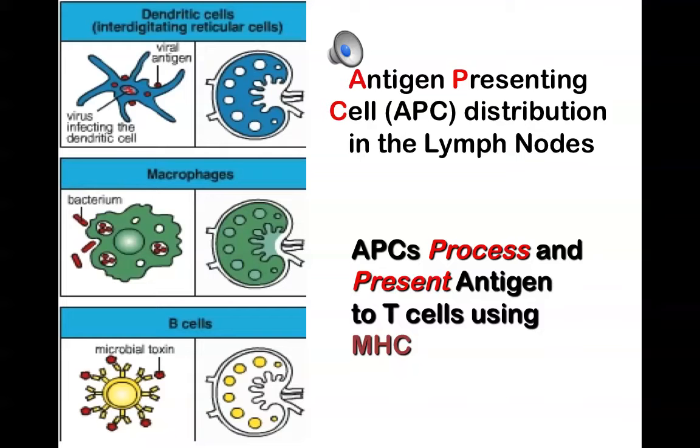Some of the organized tissues or organs associated with the formal, proper type of immune system that's recognized anatomically are lymph nodes, spleen, and thymus. The lymph nodes in particular are areas where APCs, or antigen-presenting cells, reside.